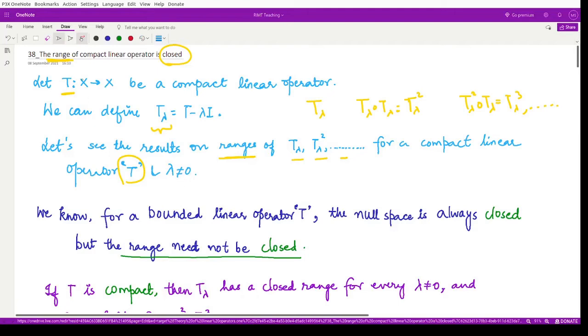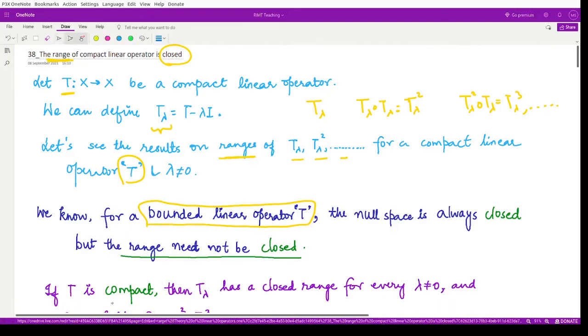The result that we are going to study today is about the range of a compact linear operator. It is closed. For a bounded linear operator, we know that the null space is always a closed space, but the range need not be a closed space, right? This we already know about bounded linear operators. But what can we say about compact linear operators?